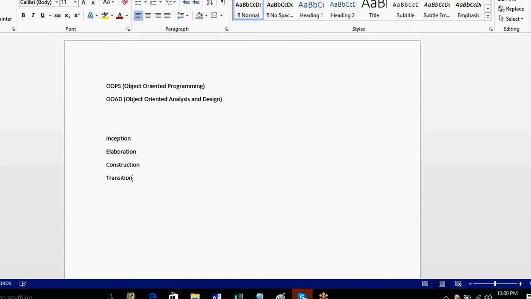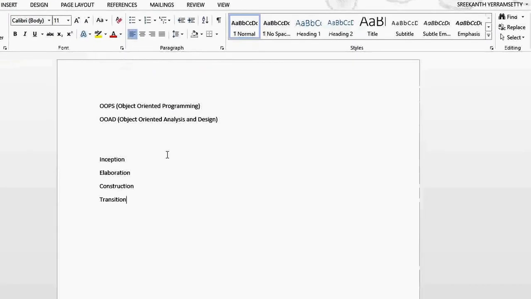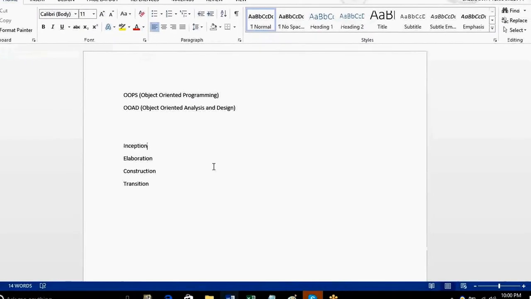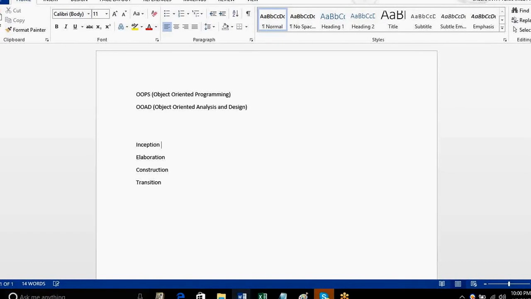And each of these 4 phases could be attributed to your waterfall. Inception is like analysis. Equivalent, right?